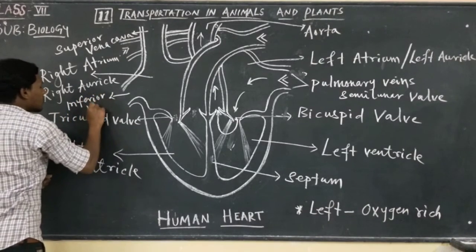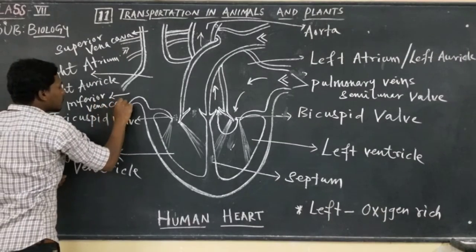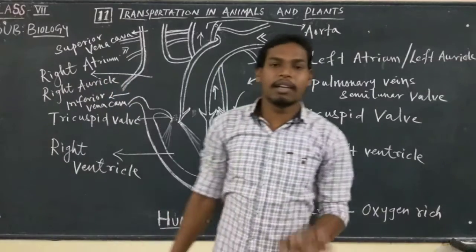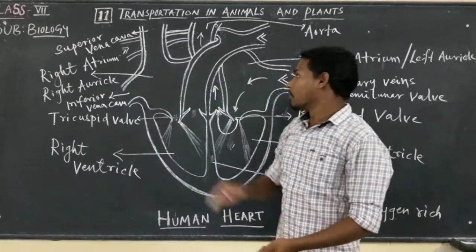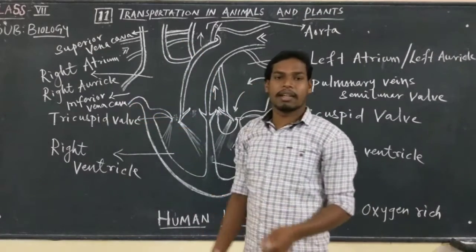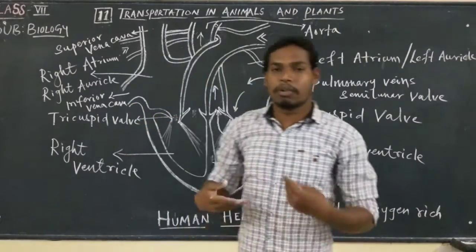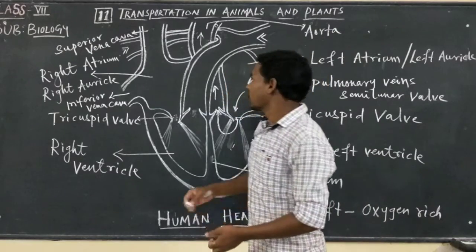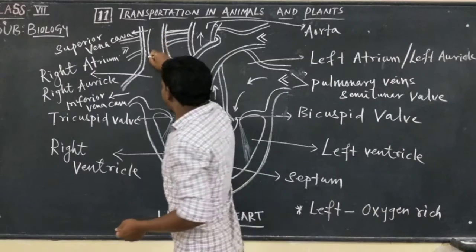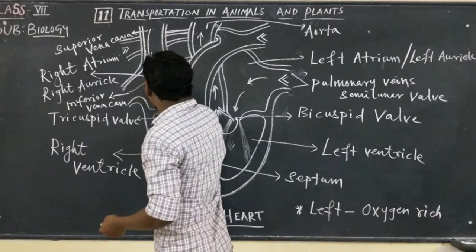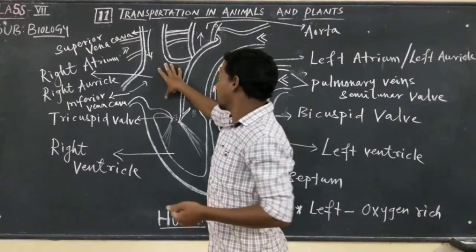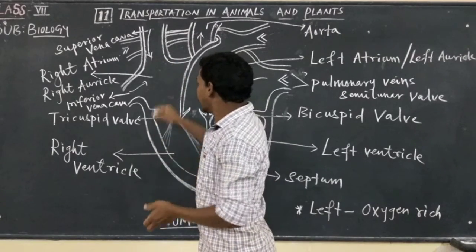The superior vena cava collects the blood rich in carbon dioxide from the upper part of our body, and the inferior vena cava collects the blood from the lower part of our body, and this blood is going to be drained into the right atrium.